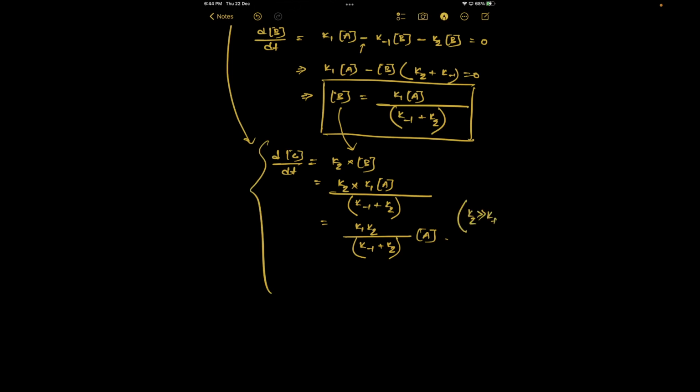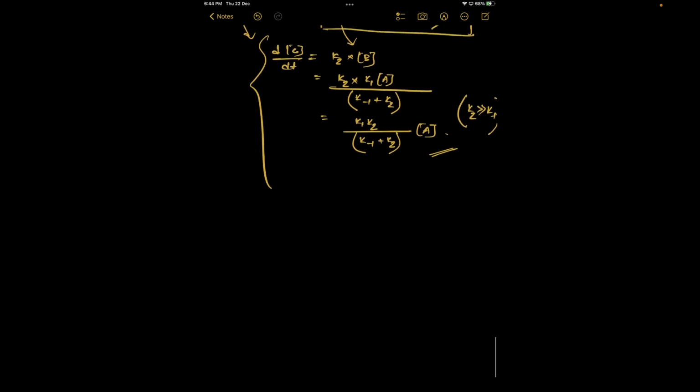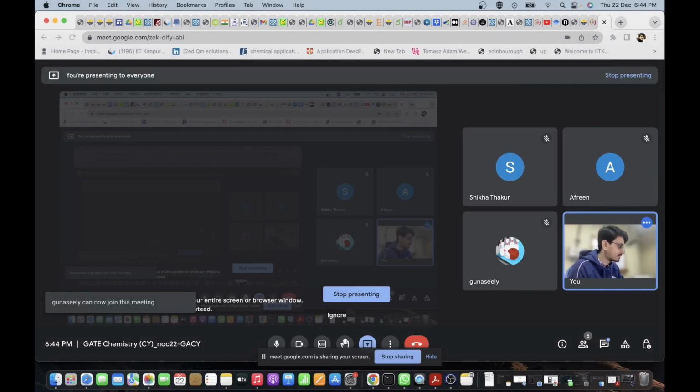Okay, so like this you have to just apply different conditions like steady state condition or equilibrium condition to find out the proper rate equation. Okay, so any doubts up to this? Okay, then we can just move forward.